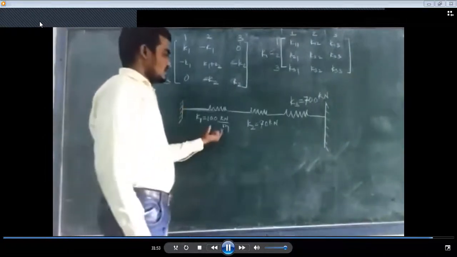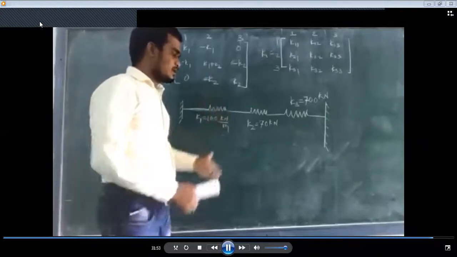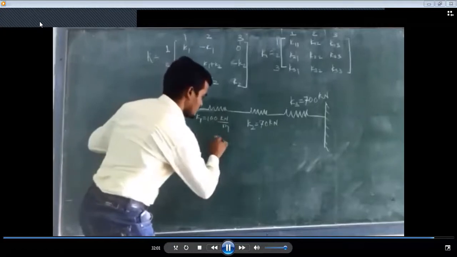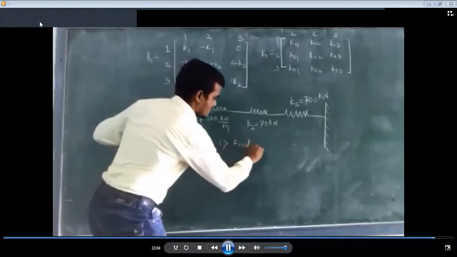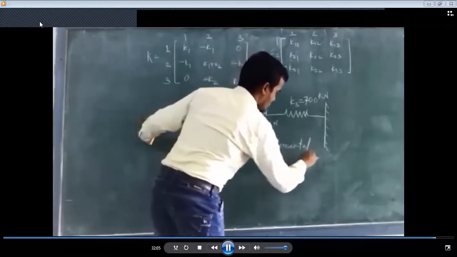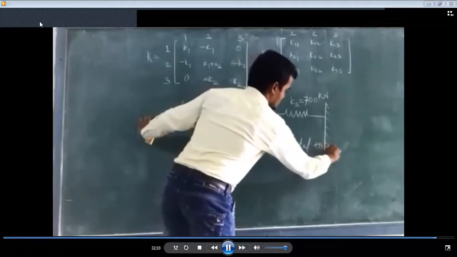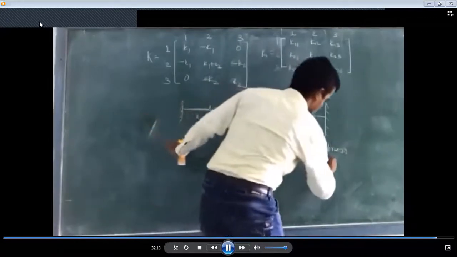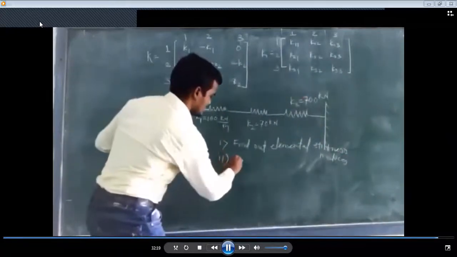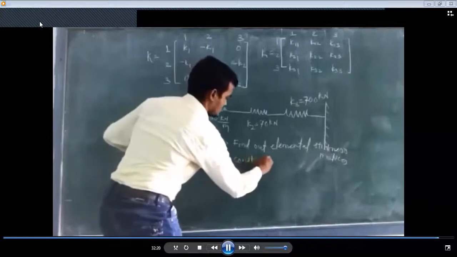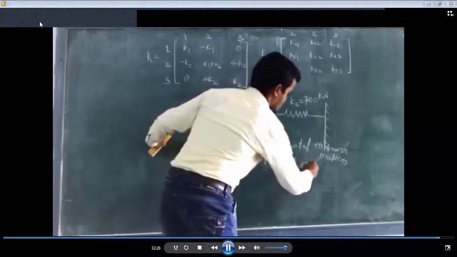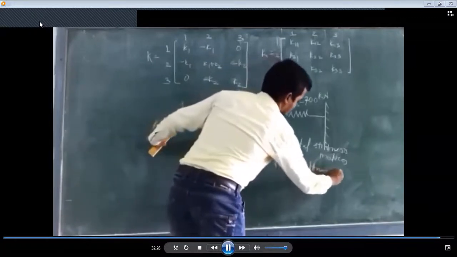As there are 3 elements, there must be 3 plus 1 nodes. So the first question is to find the elemental stiffness matrix, and the second question is to construct the global stiffness matrix for this spring system shown in the figure.